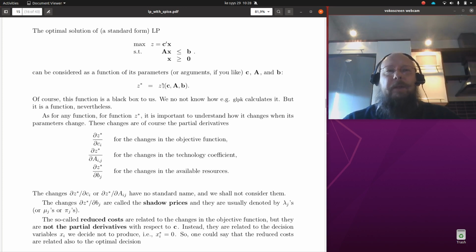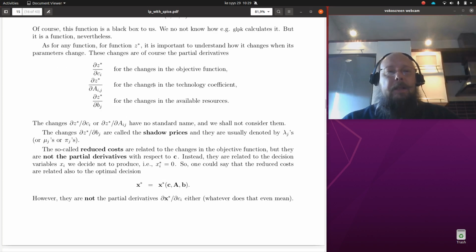It's not only z star, the optimal revenue for the product mix problem, or the optimal objective value, but also the optimal decisions x or x stars, star denoting the optimum. And in that sense, the reduced costs are closely related to the decision.